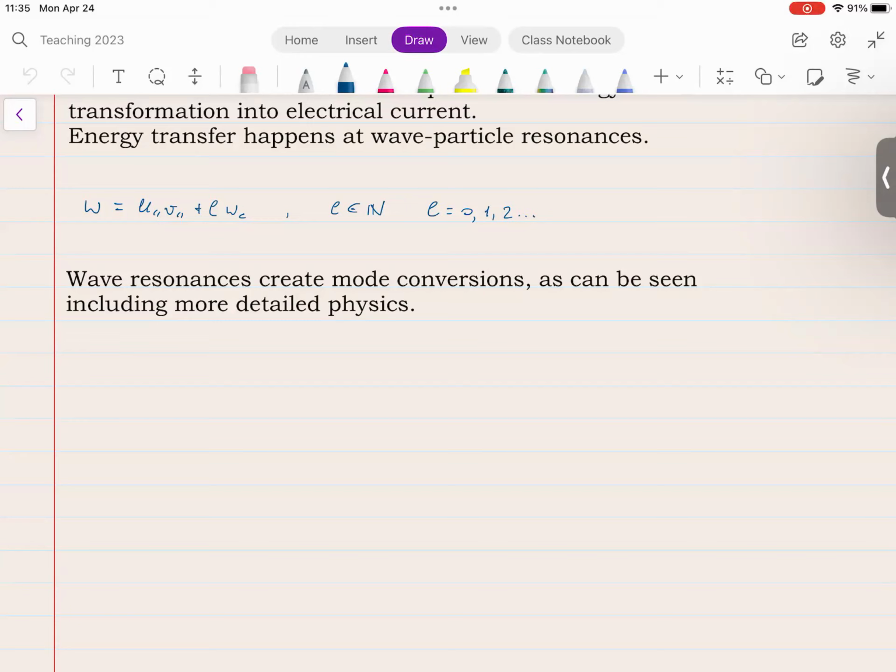Okay, then now what we can look at in detail, just using the fluid model, is... I'll leave you hanging for a moment.